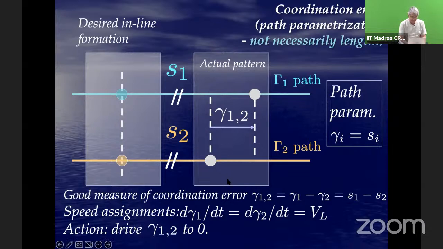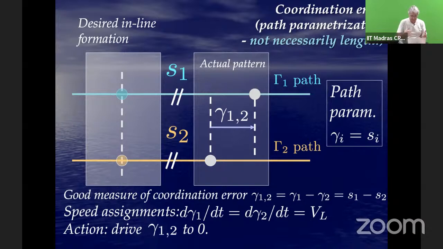In fact, the speeds should be equal because you want these guys to be equal. So the action is to drive this error to 0. In this case, it's trivial. You want 2 vehicles to come from, I don't know where, and converge to these paths. The paths are parameterized by the length because it's so simple in this case. Specify the speed for one, and for the other one it's exactly the same.